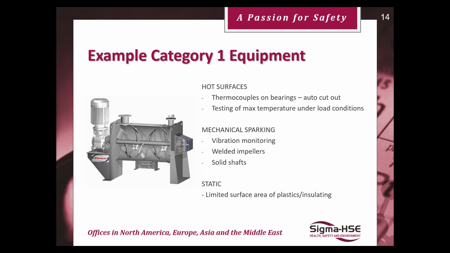So this specific mixer is a hypothetical example, but it's very close to something that we have done ourselves or looked at from a risk assessment perspective. And yeah, this is the type of safeguards you typically have. Because it's category 1, it's usually a zone 0, zone 20, so it's a more onerous, higher level of risk. So you must consider.